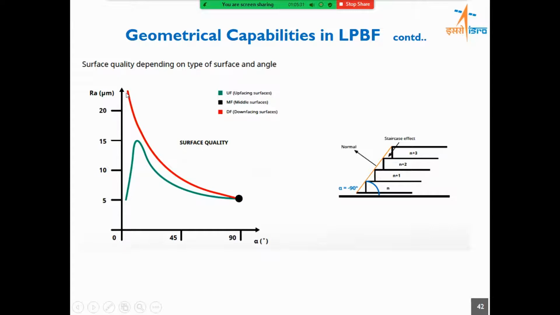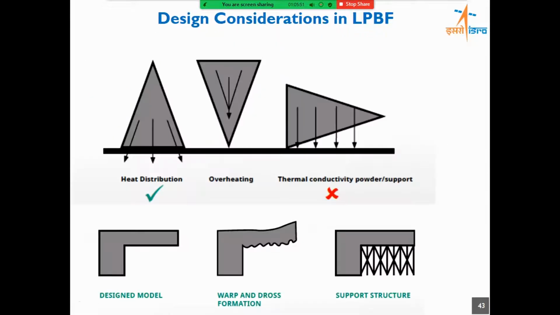Down facing surfaces tend to have poor surface roughness compared to up skin surfaces. This is called the staircase effect. So you need to take care of all these features. In case there are down facing surfaces, you need to generate some supports to take care of the surface roughness. And of course, these are some general design considerations.